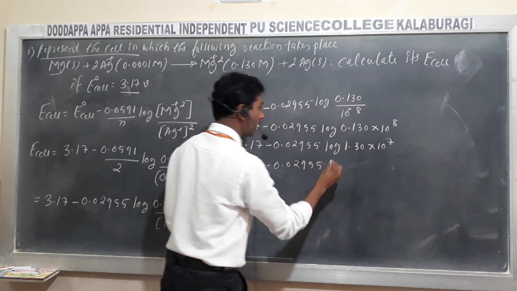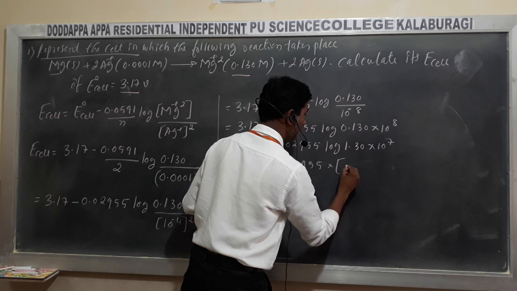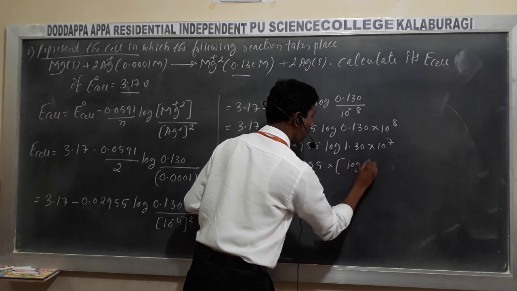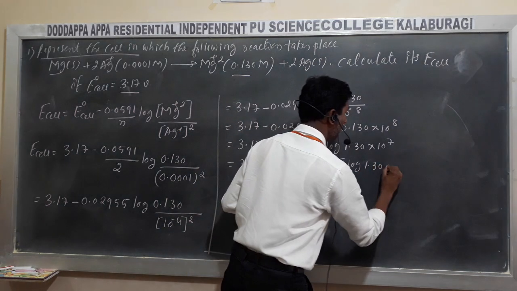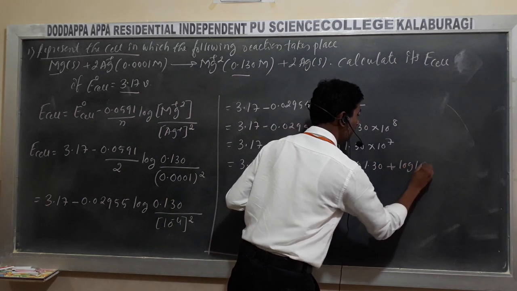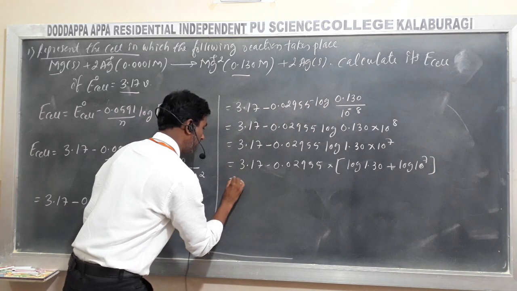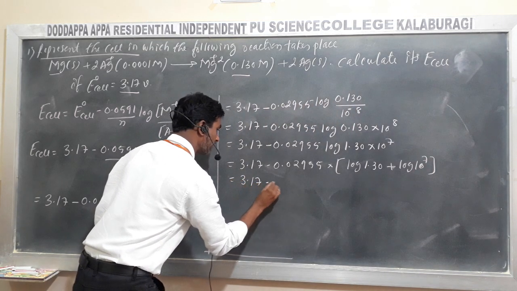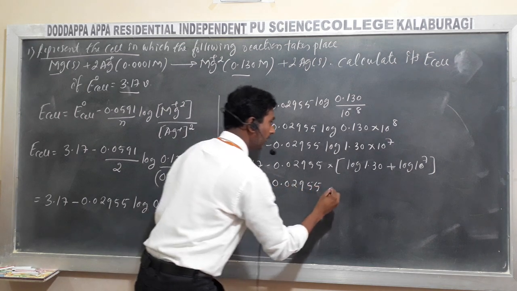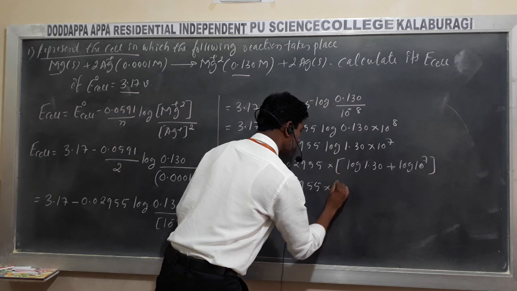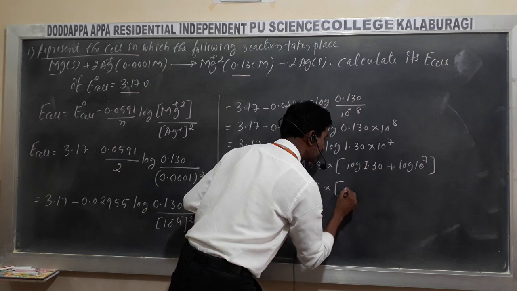Now you have to apply log. Log of A into B is log A plus log B. So it is log of 1.30 plus log of 10 to the power of 7. Before log of 1.30, what is the characteristic?